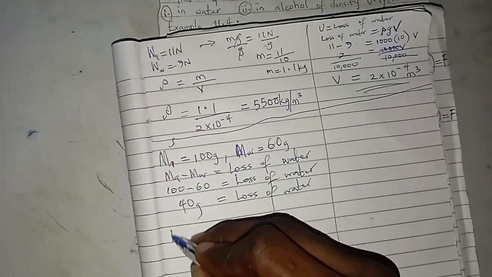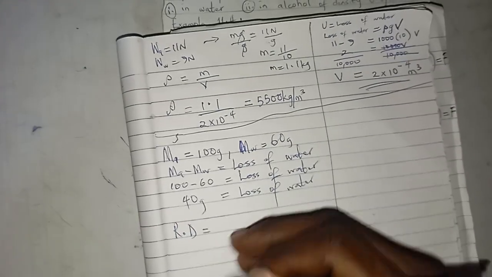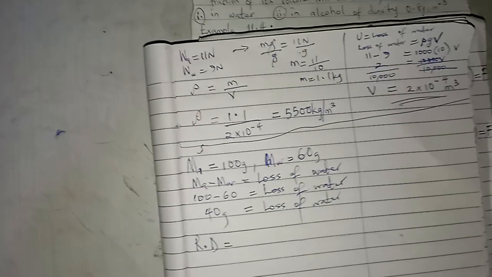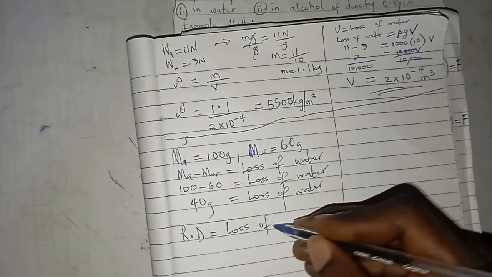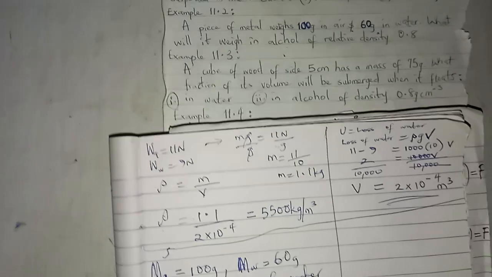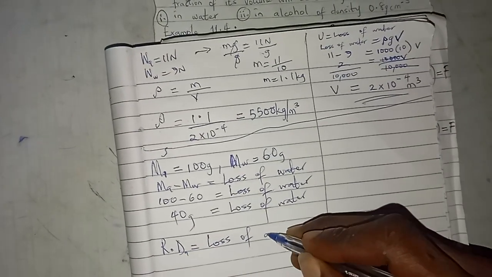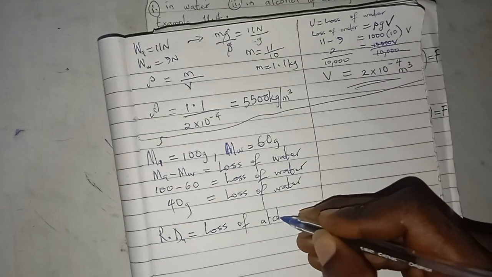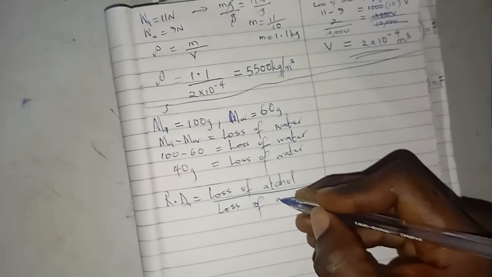So I now see that relative density is equal to loss in alcohol all over loss in water.